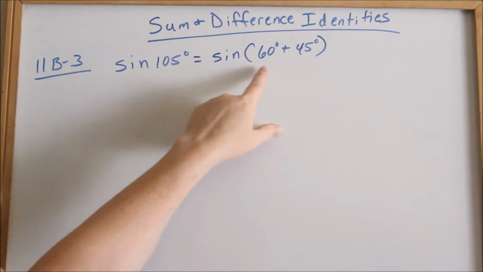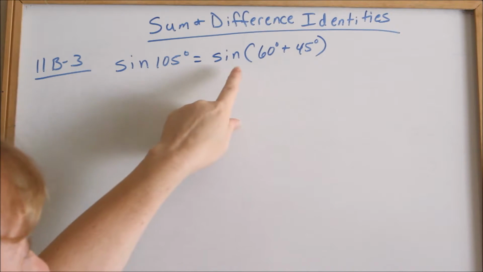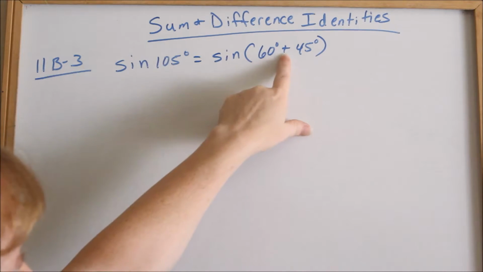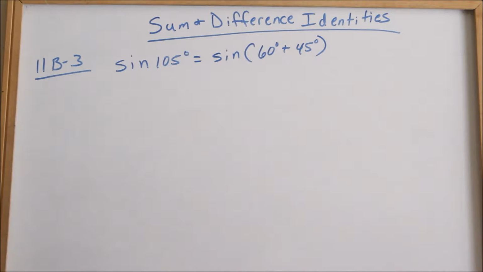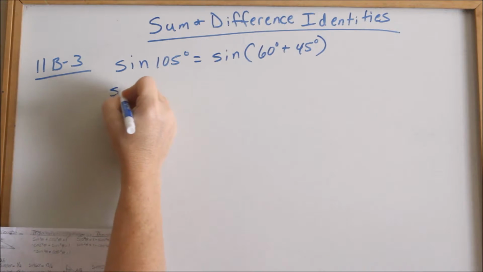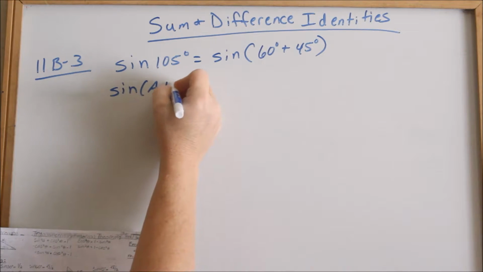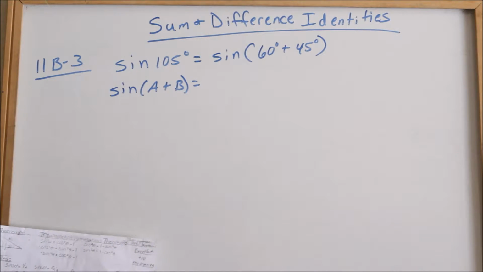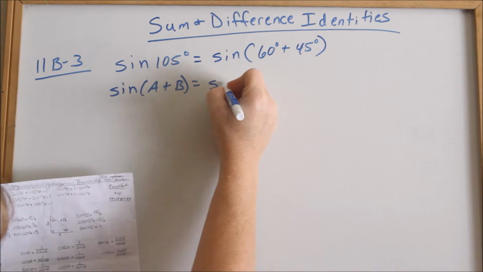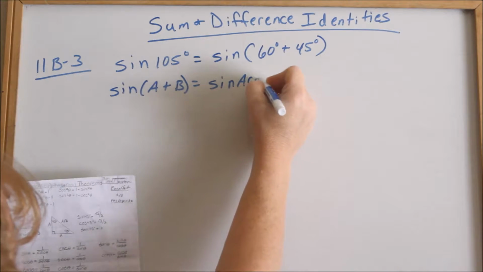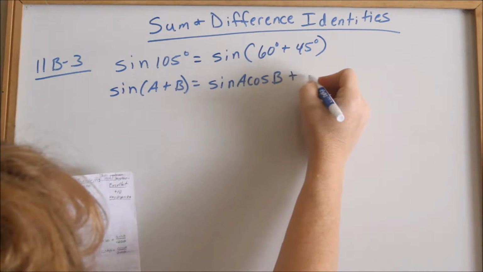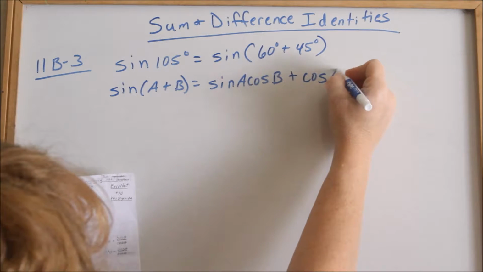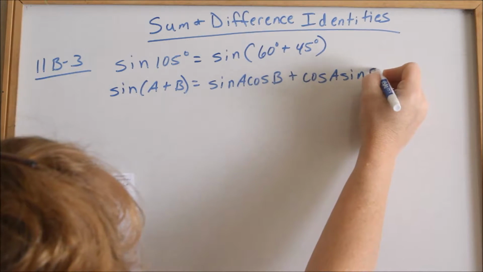Okay, because I have sine of one angle plus another angle, that is the sum identity, because I'm adding. The formula for the sum identity for sine is sine of A plus B, two angles added together, equals sine of the first angle times cosine of the second angle plus cosine of the first angle times sine of the second angle.